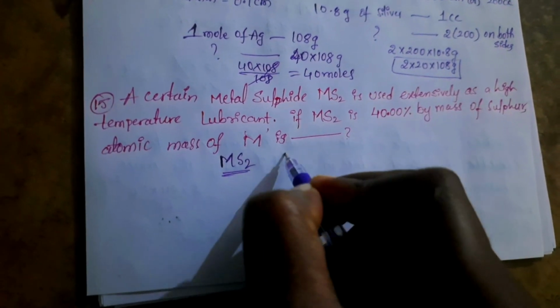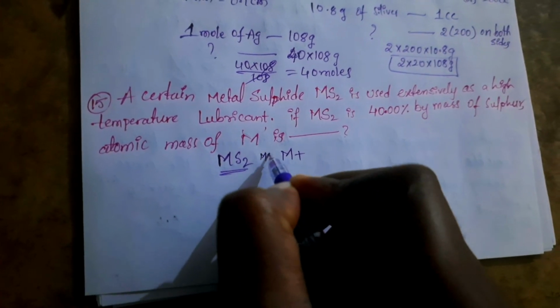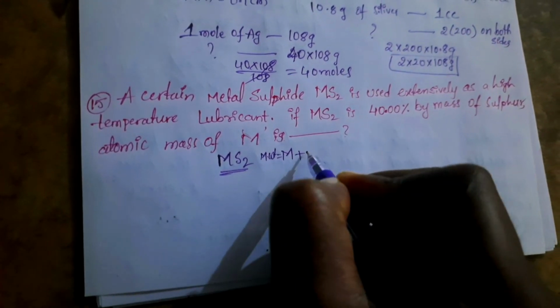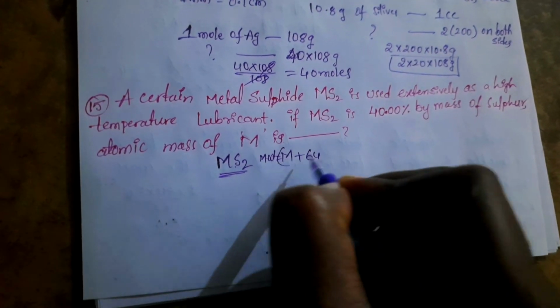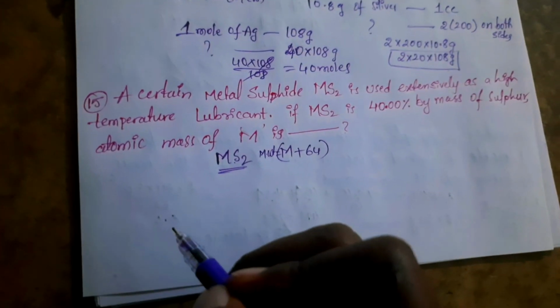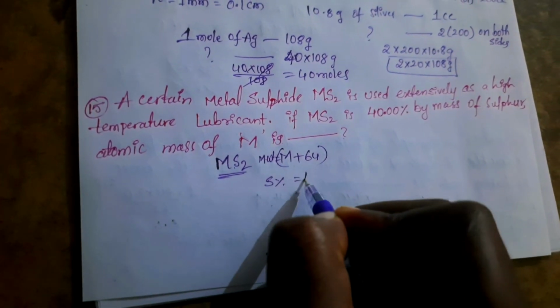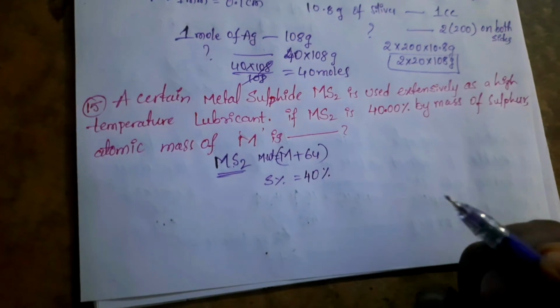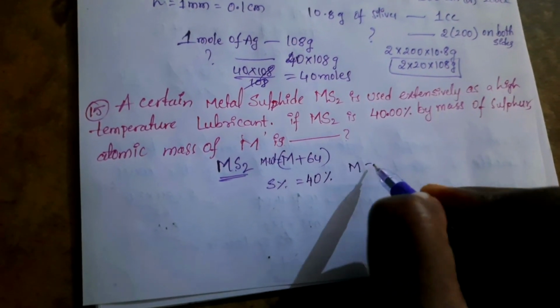So in this, the molecular weight is equal to metal plus 1 sulfur 32, 2 sulfur means 64. That is the molecular weight of this MS2. In that they have given the percentage of sulfur, 40%. Then they are asking the atomic mass of M.